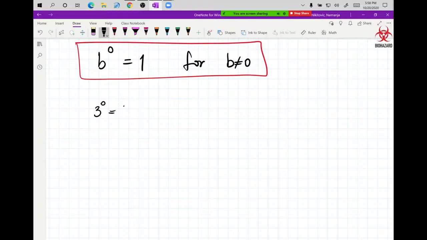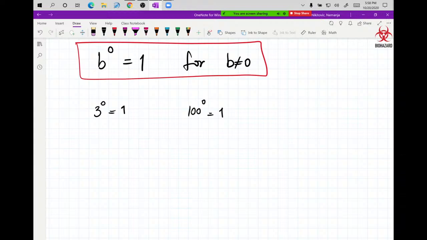So that's 3 to the 0 gives us 1. 100 to the 0 gives us 1. So all of those will give us 1. Now, to see this situation, you have to go to calculus to understand that.